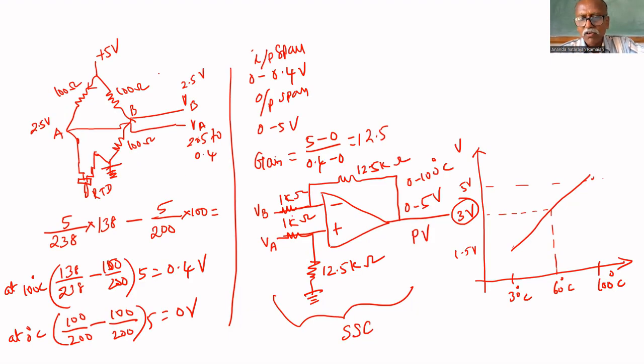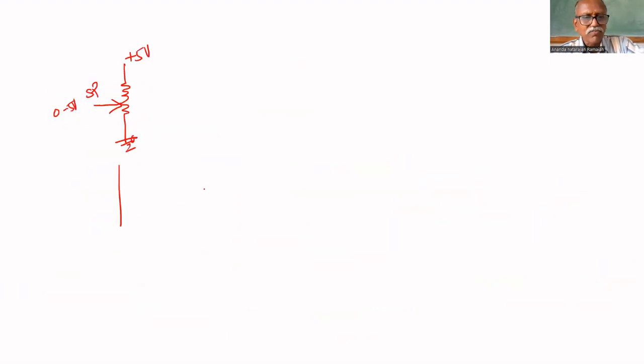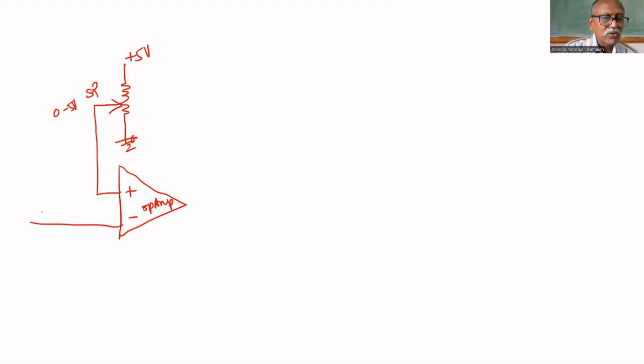The process variable is available at the output of this signal conditioning circuit. That is 0 to 5 volt. That should be given to an open loop op-amp. If it is open loop, this is plus and minus. The set point is given to the positive terminal of the op-amp, and the process variable, 0 to 5 volt, is given to the inverting terminal.